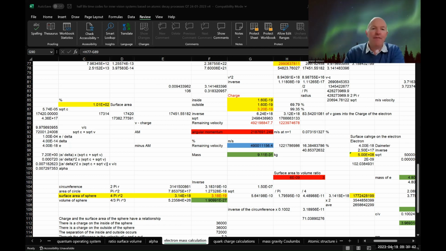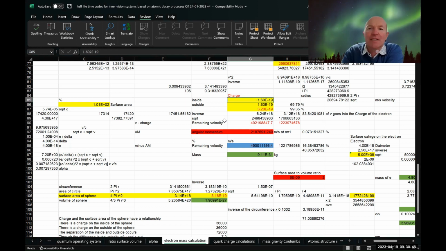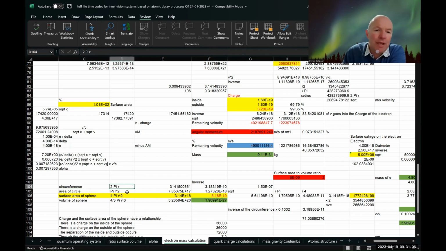So here we've got our charge of 1.6e to the -19 coulombs. And I've been looking at ways of investigating that. We know the circumference of a circle is 2 pi r. We know the area of a circle is pi r squared.